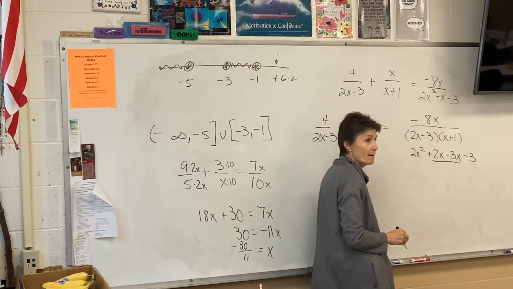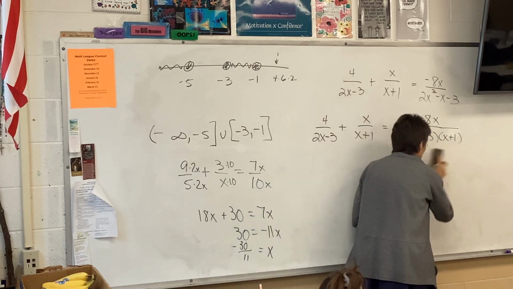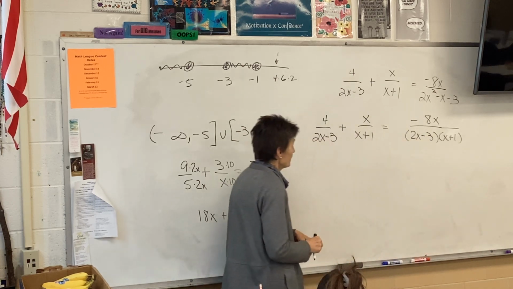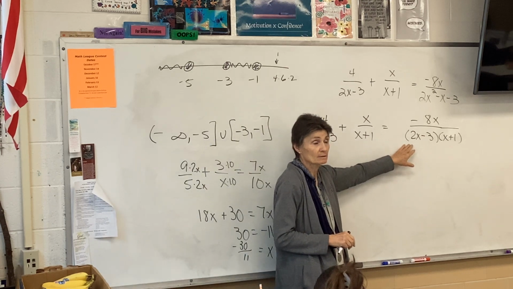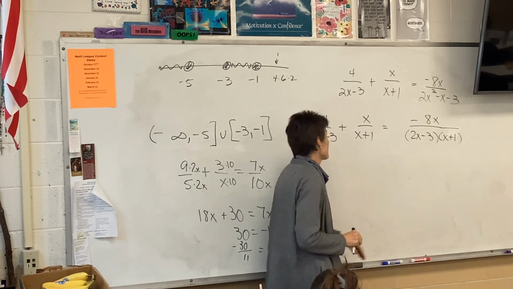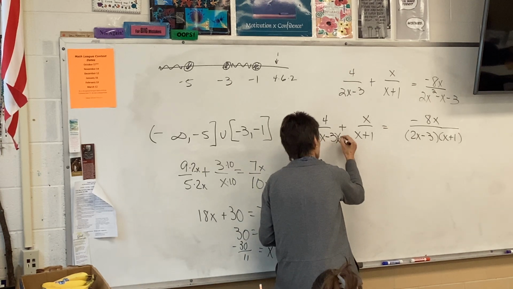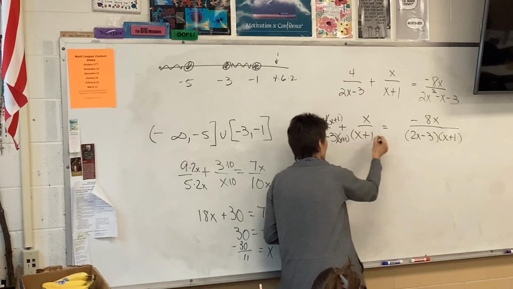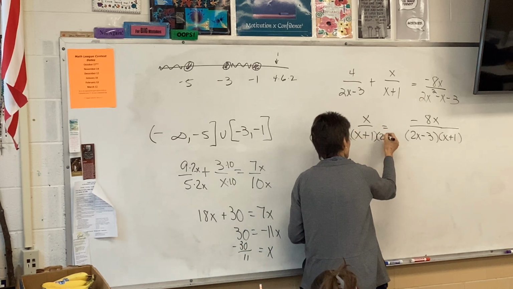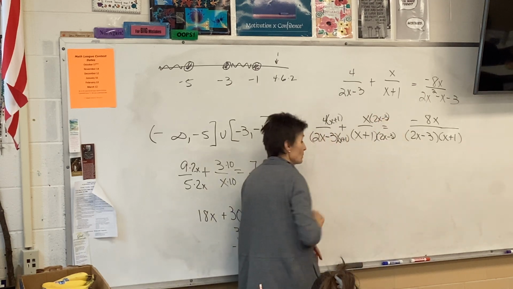So it does, it matches. So those are my factors, and that is my common denominator. So this one is going to need x plus 1. This one is going to need 2x minus 3, and that one's good.